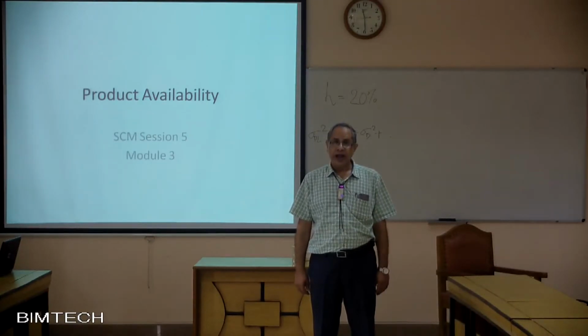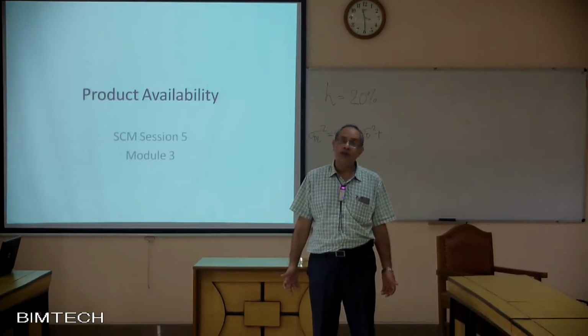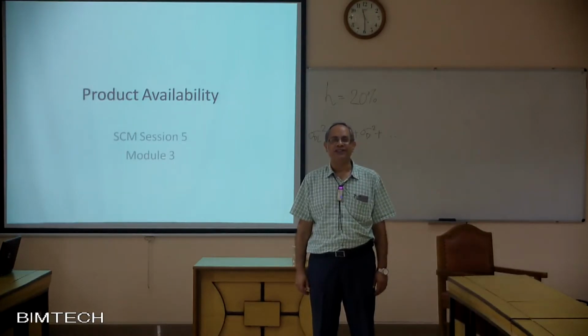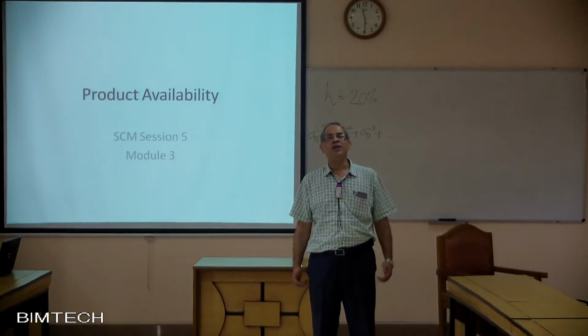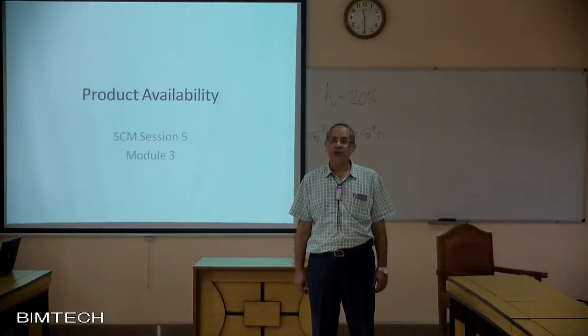Okay, and if there is a stock out, then the product is not available to the customer, and therefore product availability becomes an important consideration because it denotes how much of the demand we are able to meet with our inventory, because we know that we can't meet 100% of the demand.